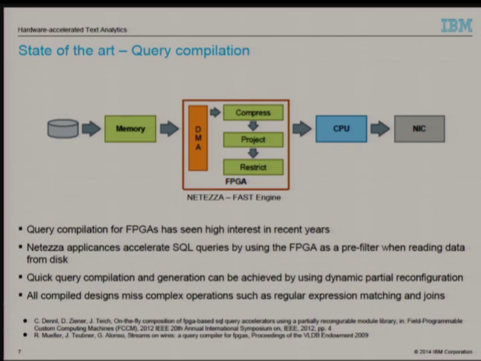A quite famous application of that was in the Netezza fast engine and the appliance for a database. And that was so efficient that IBM bought them. But the drawback here is that we couldn't use this query compilation right out of the box for text analytics, because it's missing the essential features of regular expression matching and dictionary matching that we need here.